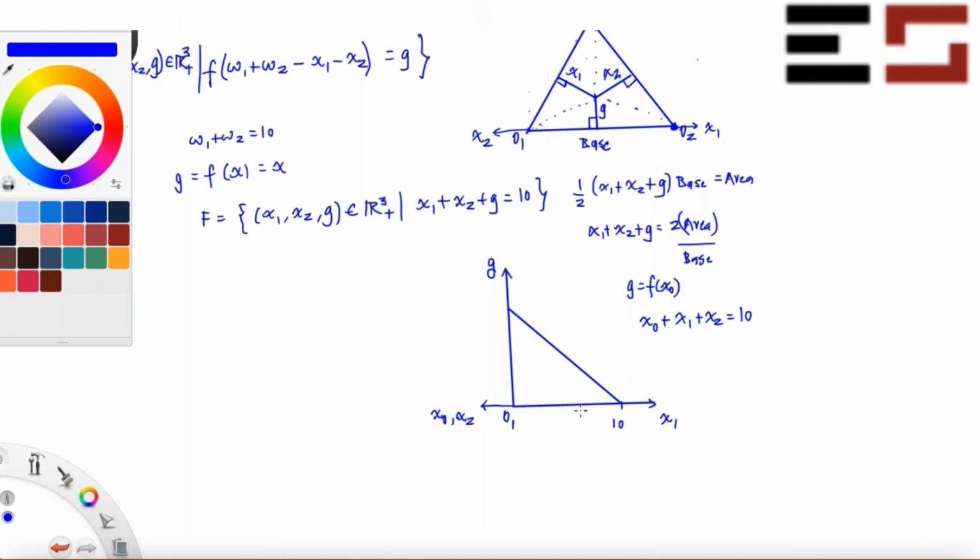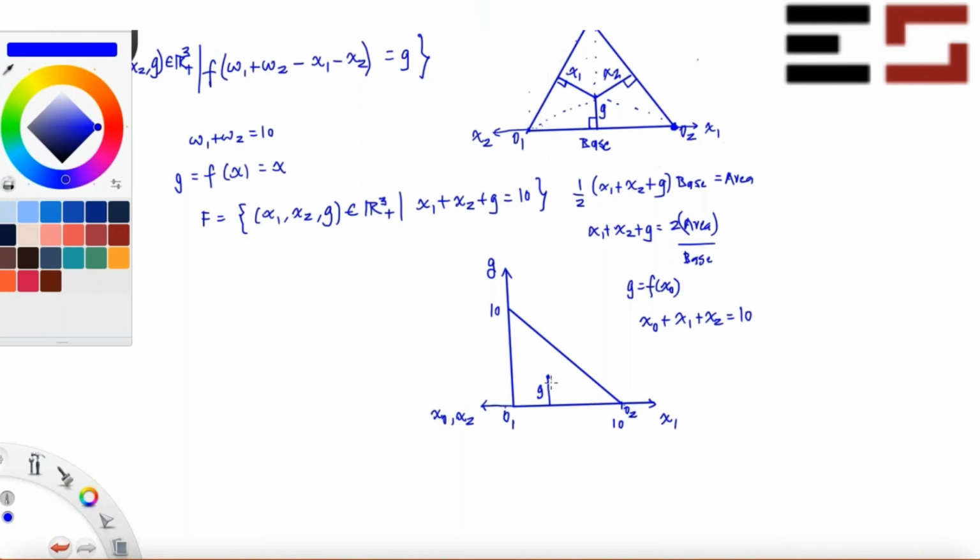Now let me explain how this gives you the set of all feasible allocations. If this is 10 and this is a 45-degree line, this must also be 10. Let us look at a point like this. This height represents the amount of public good consumed by both individuals.